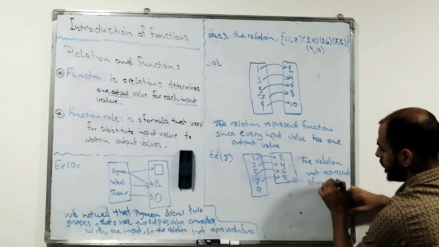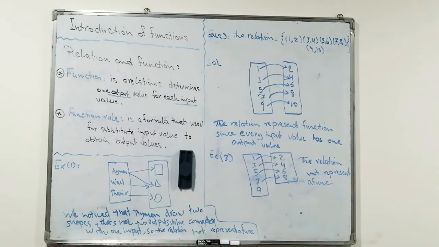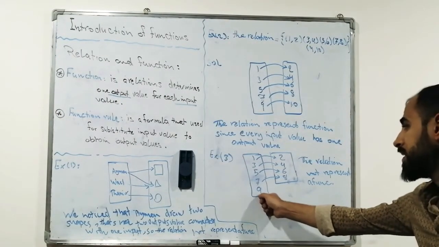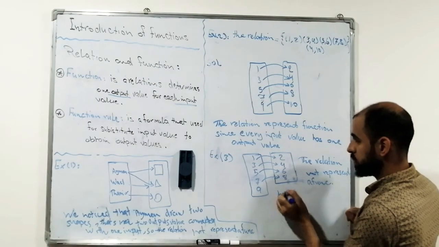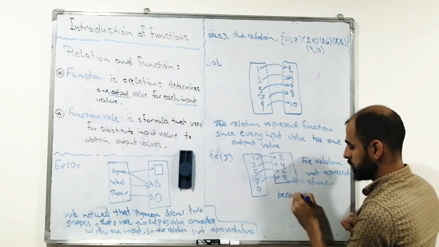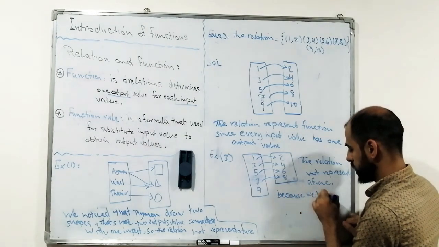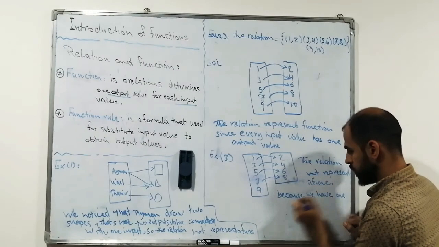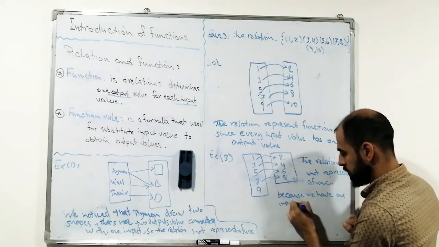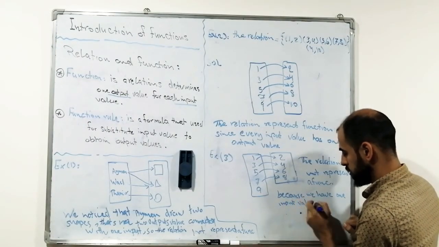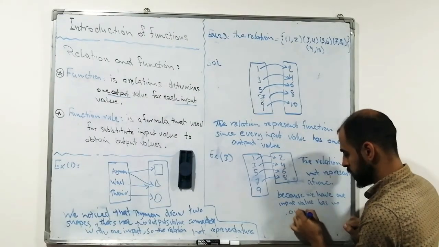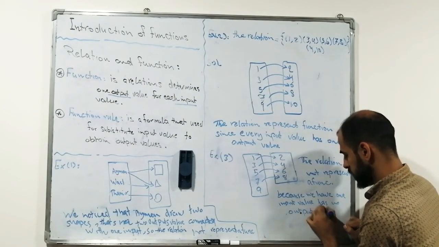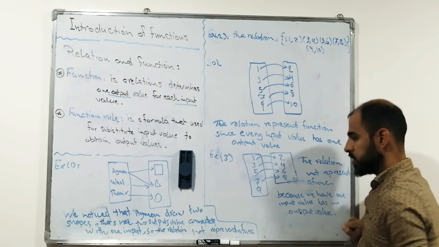Why? Because we have one input value that has no output value.